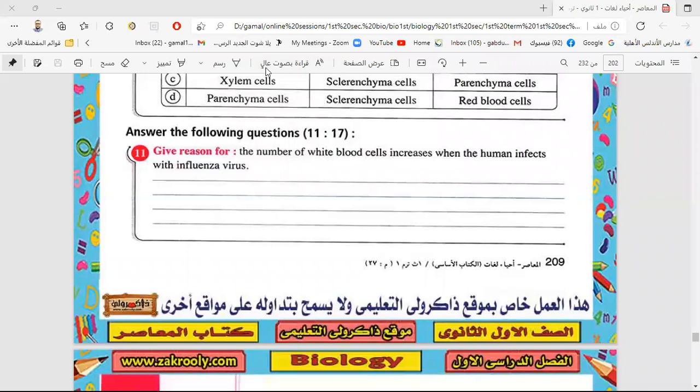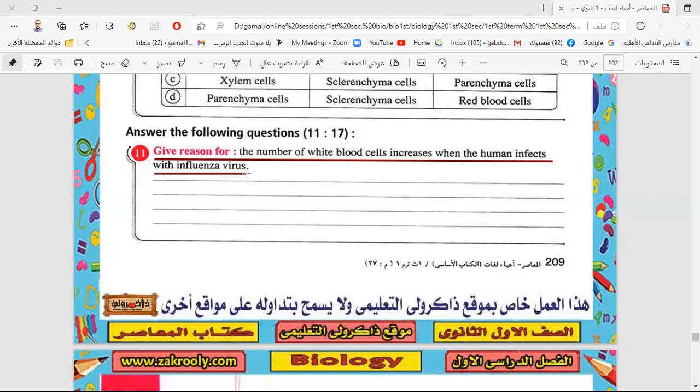Give reason for the number of white blood cells increasing when a human is infected with influenza virus. What do you think? What is inside the white blood cells? You know lysosomes? What do lysosomes contain?